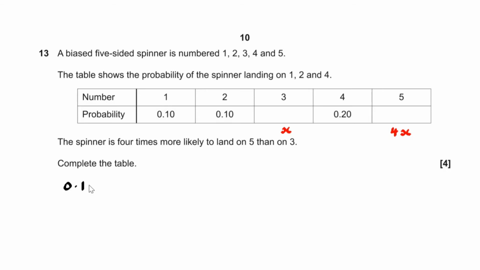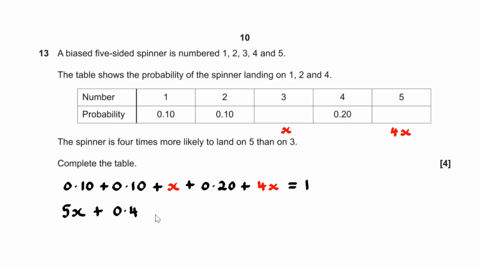So we've got 0.10 plus 0.10 plus x plus 0.20 plus 4x. The result of all this is equal to 1. So we've got 0.1 plus 0.1, that's 0.2, plus another 0.2, that is 0.4, so we have 5x plus 0.4 equals 1.